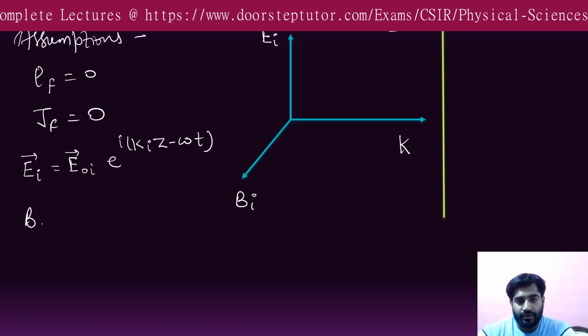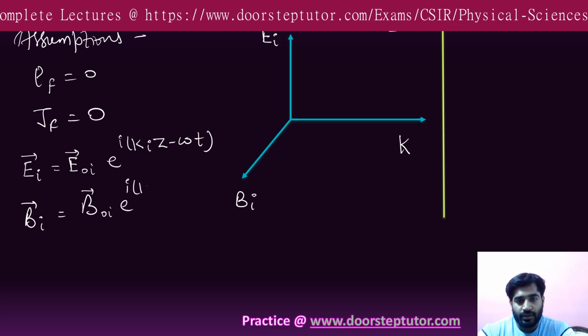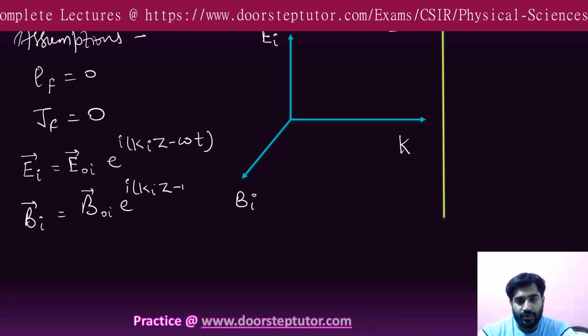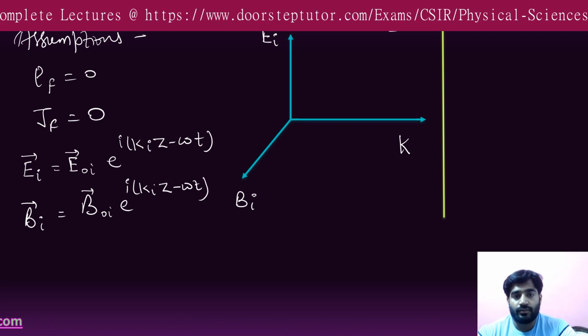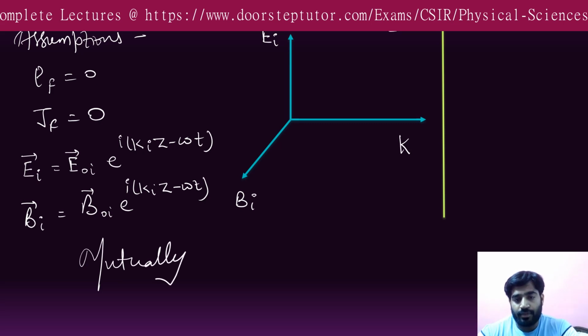Similarly, the incident magnetic field is B naught i e to the power i(ki z minus omega t). These are the incident electric field and magnetic field, and both are mutually perpendicular to each other.